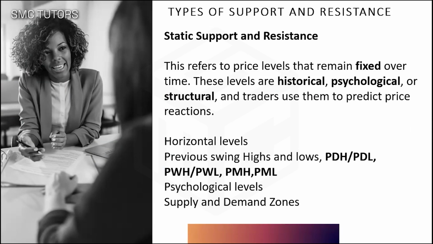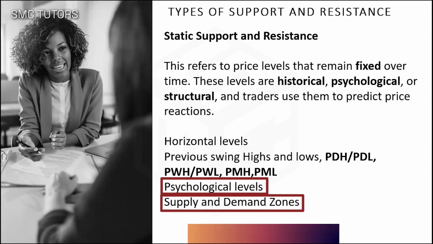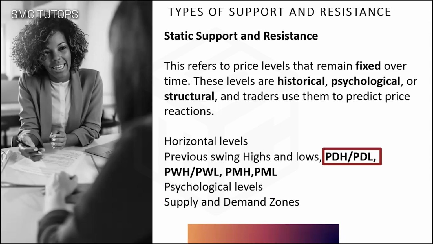So levels like the horizontal level, the psychological level, and supply and demand zones are static levels. Previous highs and previous swing points, previous daily lows and previous daily highs, previous weekly highs and previous weekly lows, previous monthly highs and previous monthly lows.